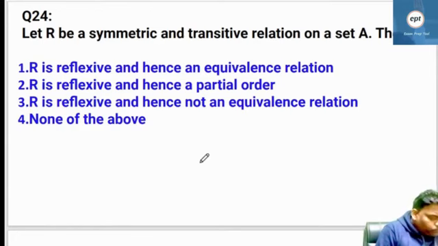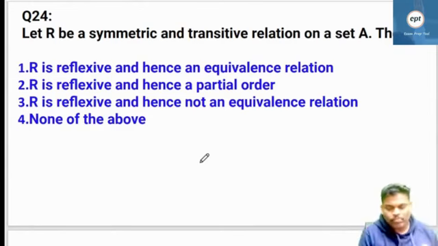Try this also. R is a symmetric and transitive relation on set A. Then which one is true?